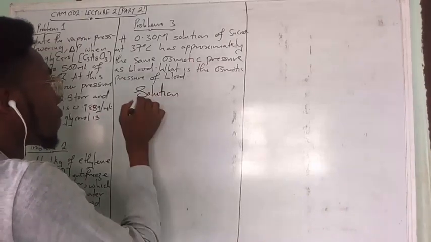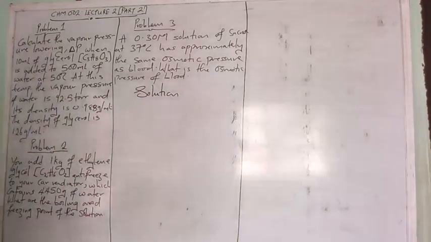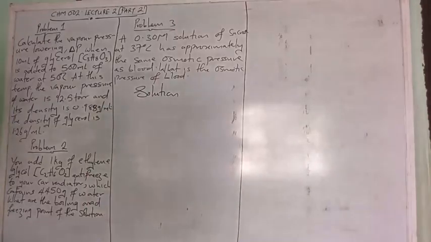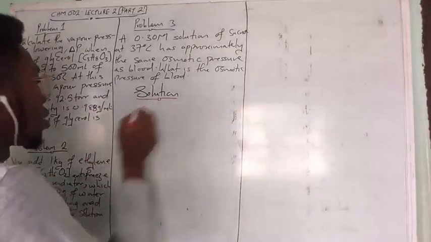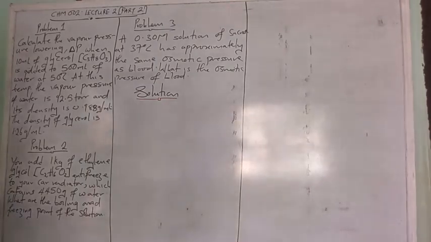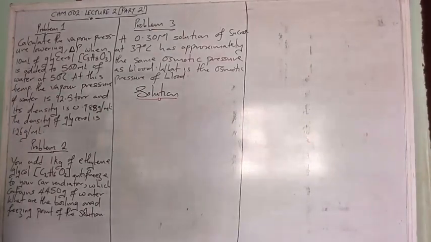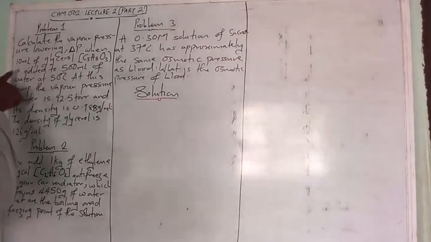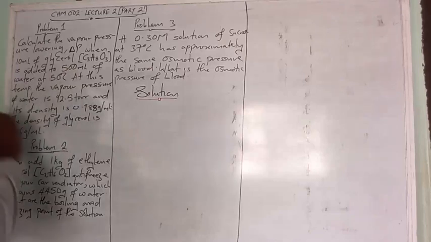Solution. The first one says, calculate the vapor pressure lowering when 10 ml of glycerol is added to 500 ml of water.